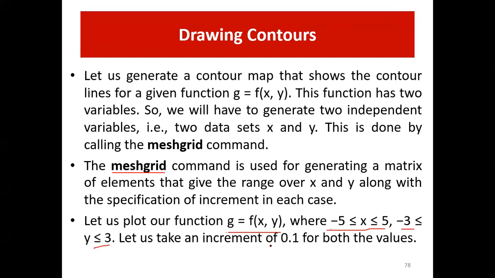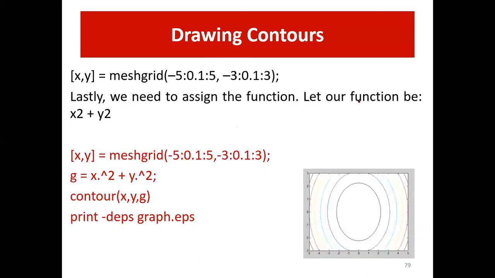The increment is 0.1. So that is how we generate this contour diagram. Here for the syntax we add meshgrid. We start with -5 to +5, the increment value is 0.1. Then -3 to +3, the increment value is 0.1.